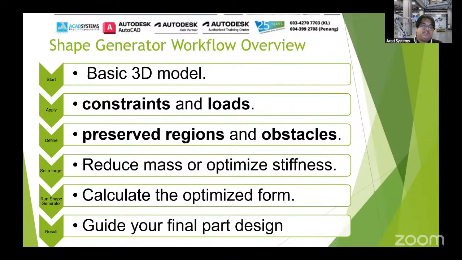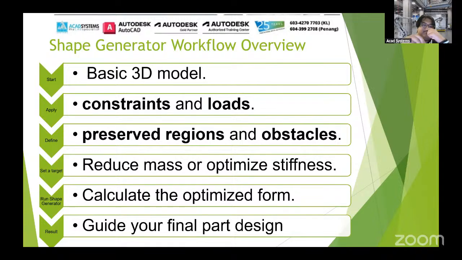And also the loads, basically where the part is going to experience forces from the outside, for example, pressure loads or standard force loads. And then from there, you define preserved regions and obstacles.